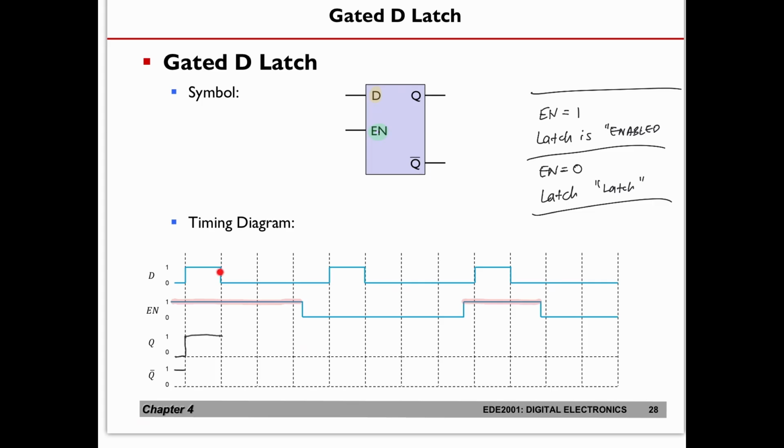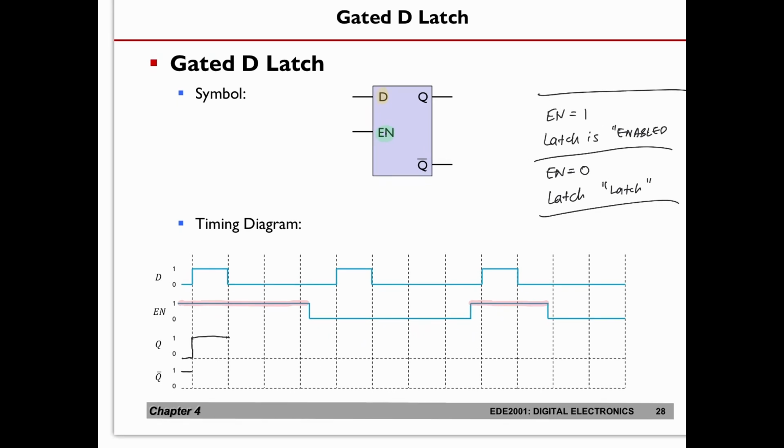Then while it is still enabled, D goes to a 0. So you are going into what we call the reset mode. Then you continue. Up to this point Q will be having output 0. On the other hand, Q bar is going to toggle to 0. Then when Q equals 0, Q bar becomes a 1.